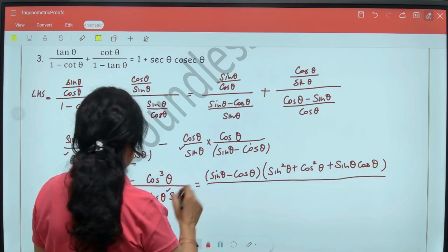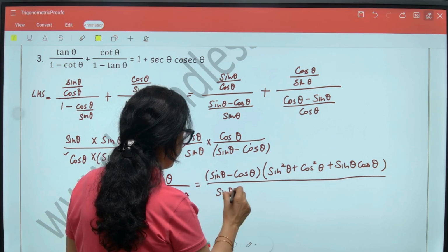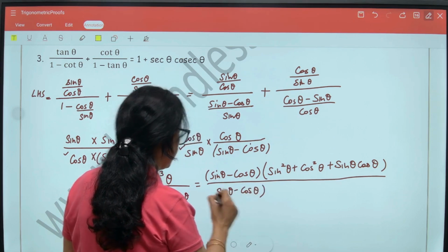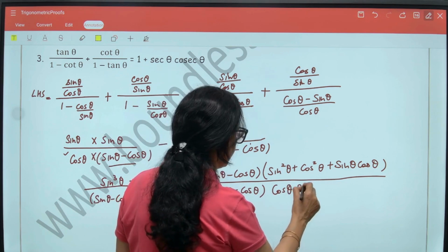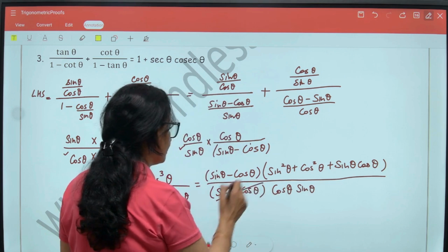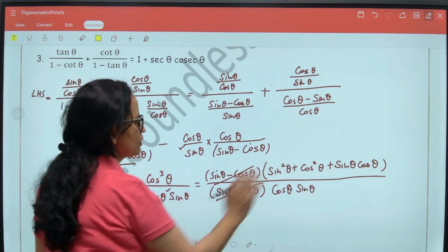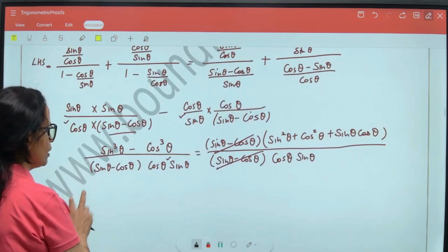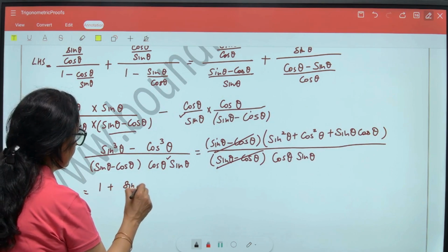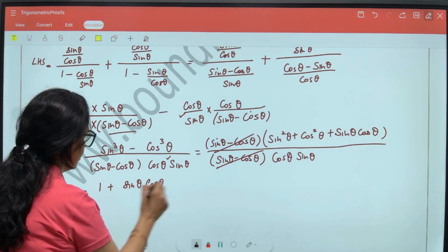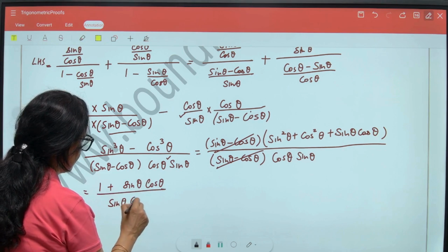Denominator is the same. We have sin theta minus cos theta in the bracket, and then we have cos theta into sin theta. So, this bracket gets cancelled. In the second bracket, sin²θ plus cos²θ is 1. So, we have 1 plus sin theta cos theta upon sin theta cos theta, right?